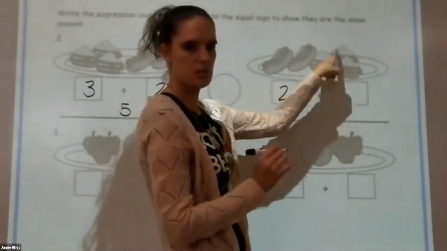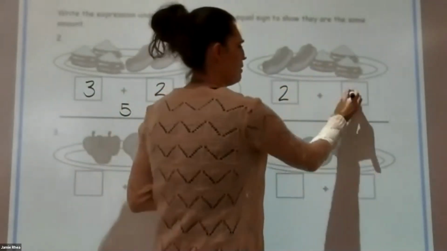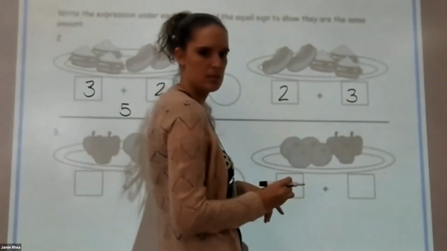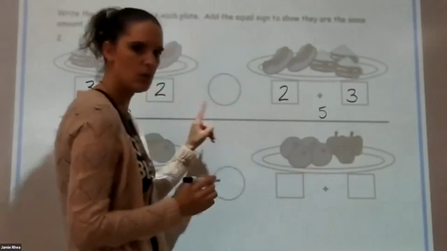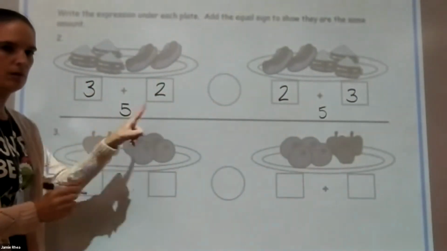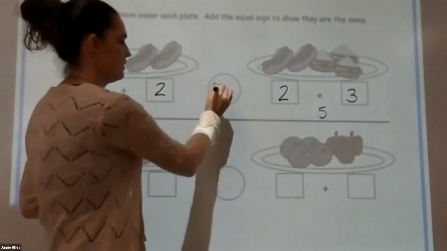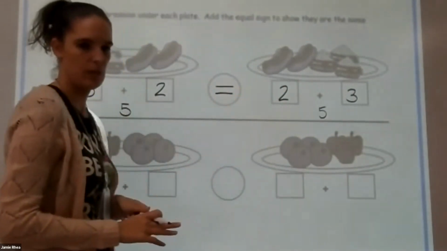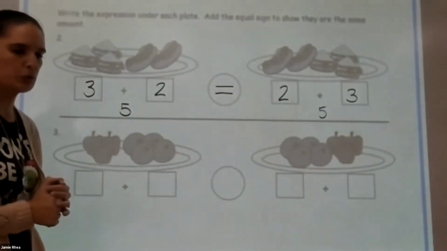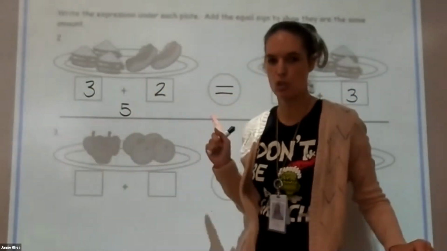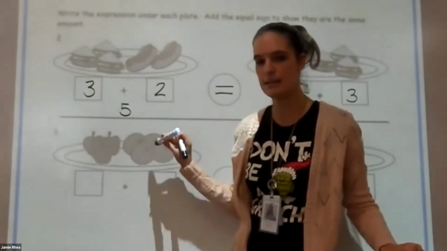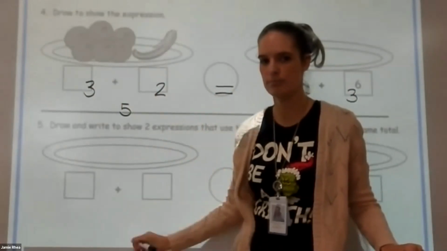How many sandwiches do I have? 3. 2 plus 3 equals 5. Are they equal? Yes. I'm going to draw my equal sign. Okay. I'm going to do problems 1C, numbers 2, 3, and 4.